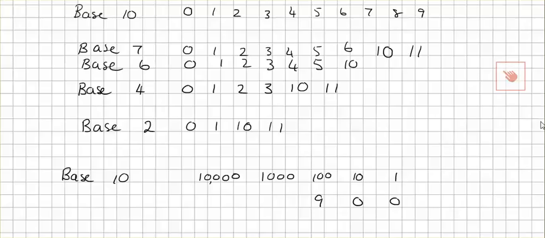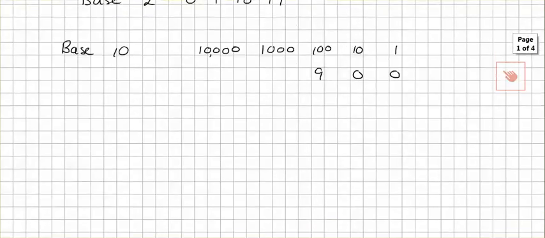You realise that's what that means, yeah? So a 4 here means I have 4 thousands or 40 hundreds or 400 tens or 4,000 ones.